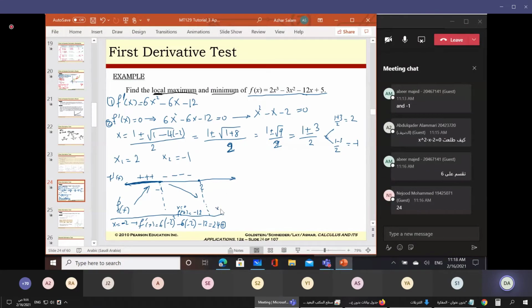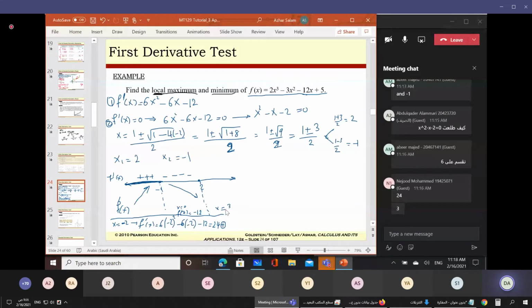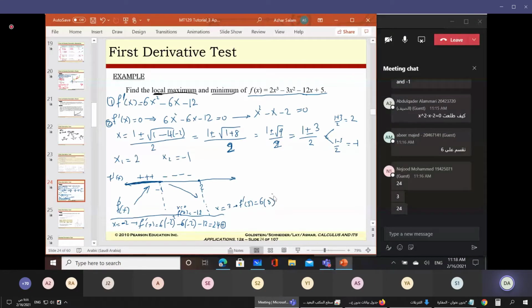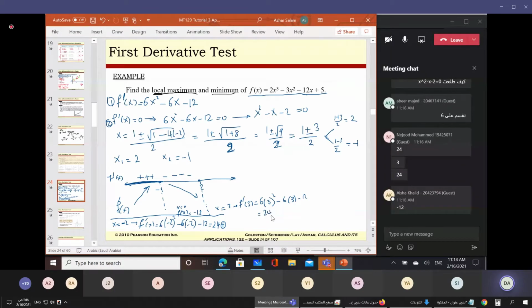So f dash of 3 will be, okay, someone find the value here. 6 times 3 squared minus 6 times 3 minus 12, what does it give? Okay, it will be 24, or minus 12.